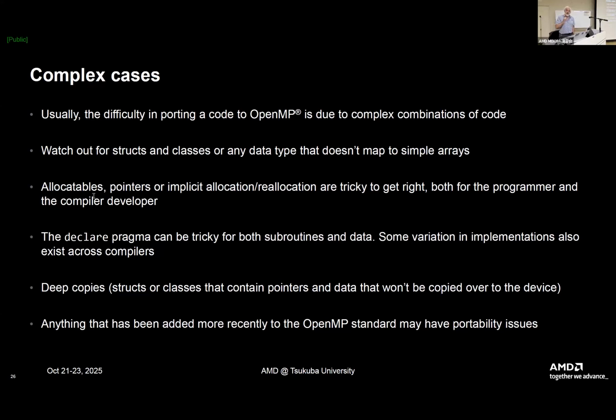So you have to do extra effort to move those deep copies over. In any of these programming languages, by default, they generally don't copy. They don't look at it and say, this is a pointer, I've got to copy this data over. The latest OpenMP standard has a way to do that mapping of deep copy data. It's a little tricky to do though.